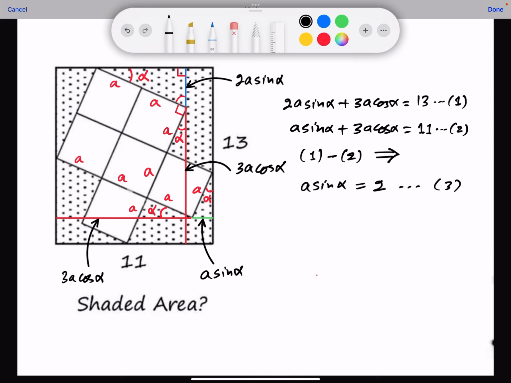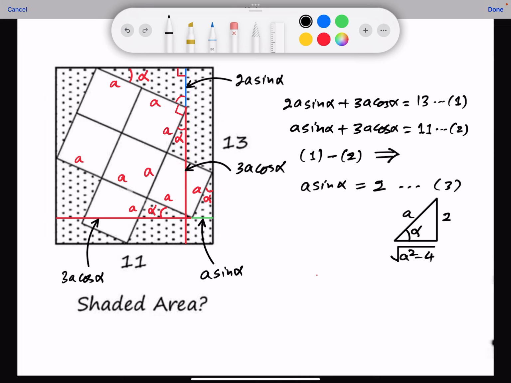And basically, I can form a right triangle whose angle is alpha, sine alpha is equal to 2 divided by A. So this side length is 2 and this is A. And the other side length, of course, is going to be the square root of A squared minus 4.